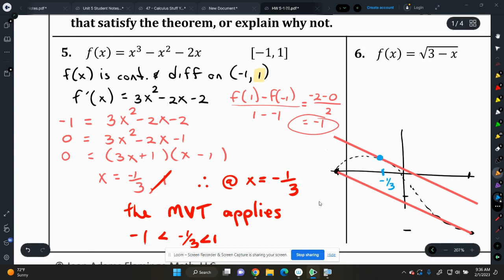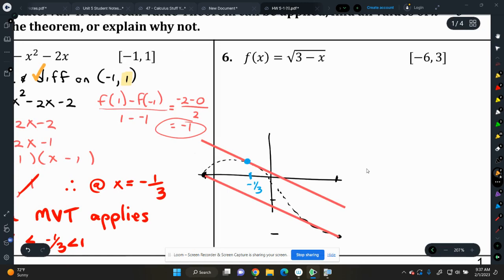Okay, so because this part is satisfied, this part is satisfied, and then the last part where we're setting them equal is satisfied. Since I've satisfied all three conditions, I then said, therefore, at this point, the mean value theorem applies. Right?